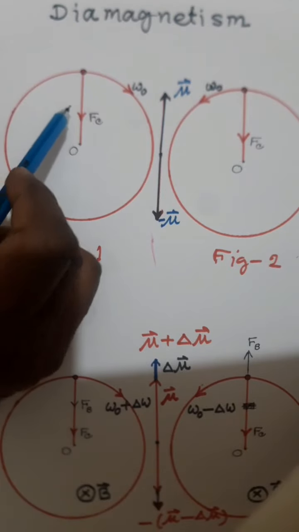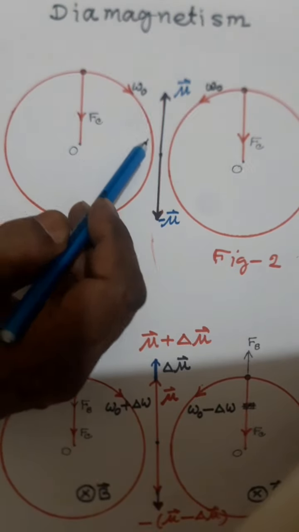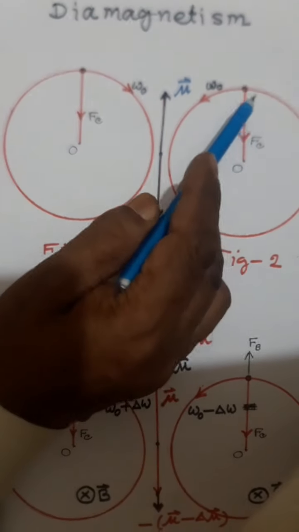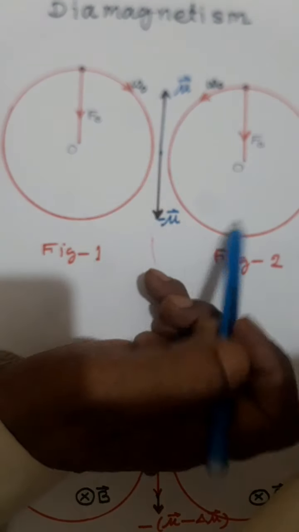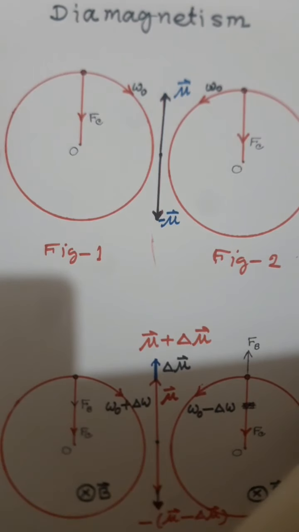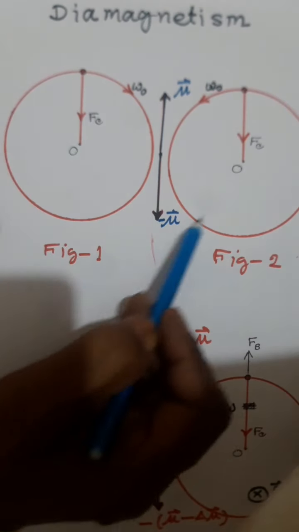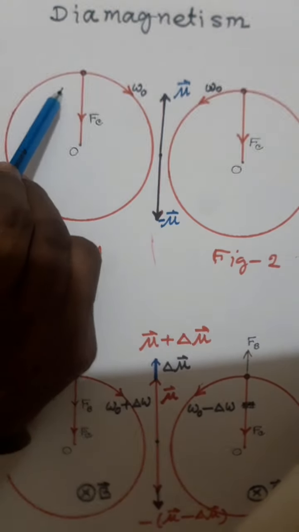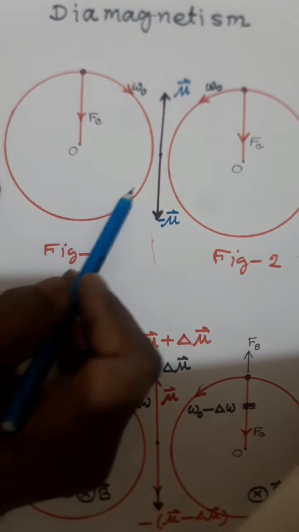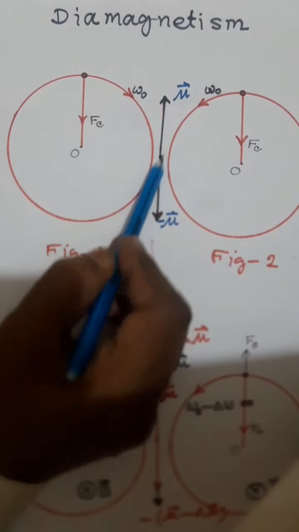One is revolving clockwise and the second one is doing so anti-clockwise.